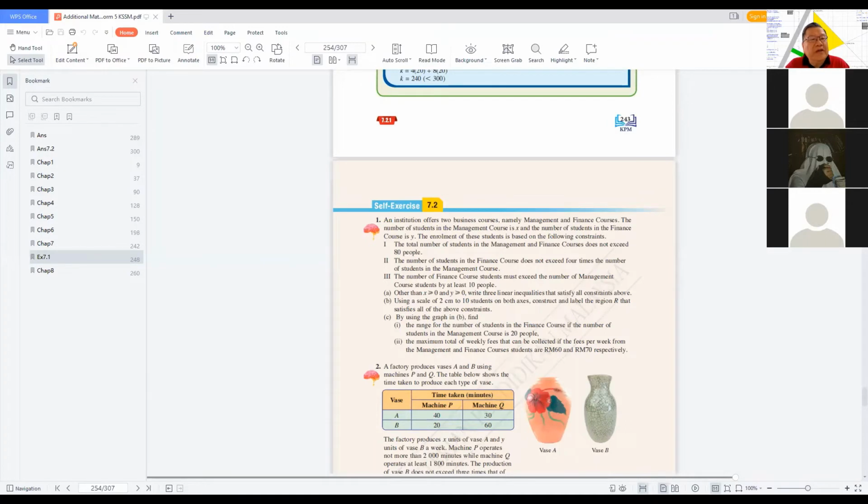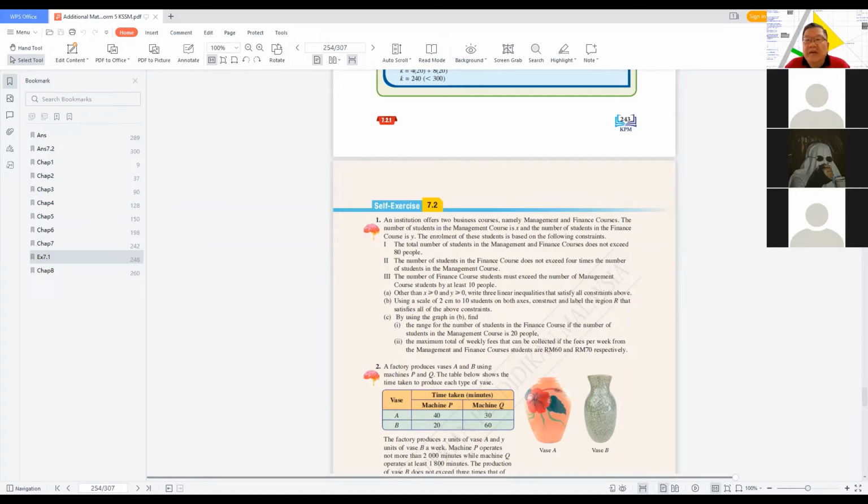Is there any number of workers here? I don't see any workers here. Number of students is the number of management courses. This one will be the total number of fees collected.